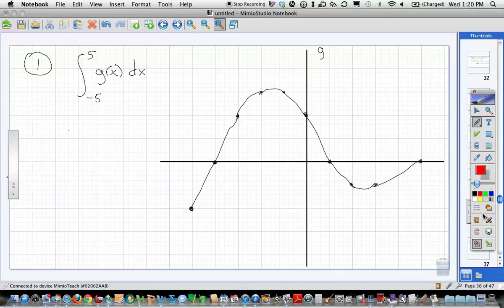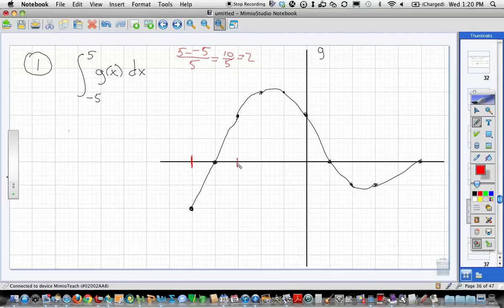So we're supposed to draw 5 left rectangles. Our first job is what? Get the width. 5 minus -5, divided by 5, which is 10 divided by 5, which is 2. So our subintervals are going to be 2 wide.